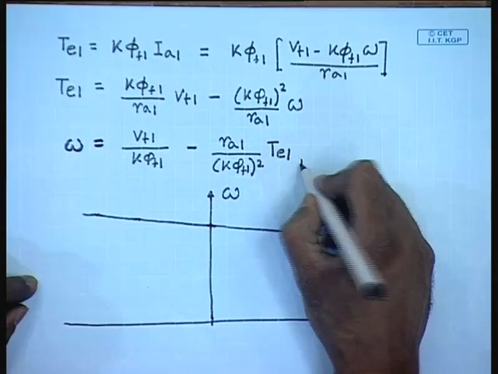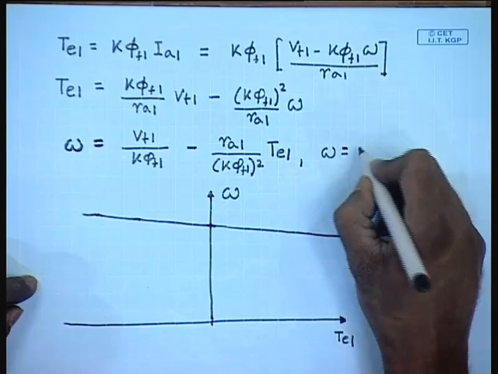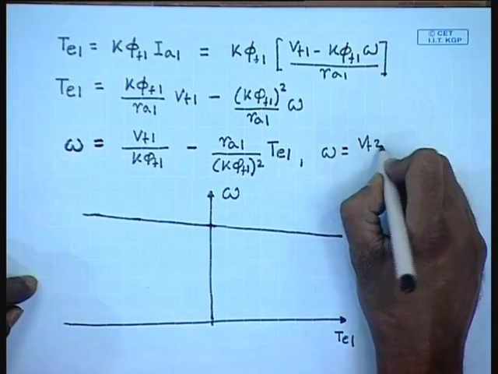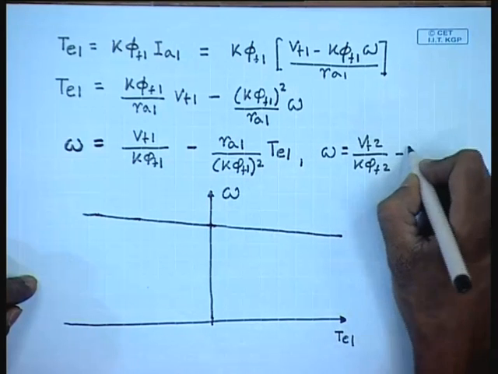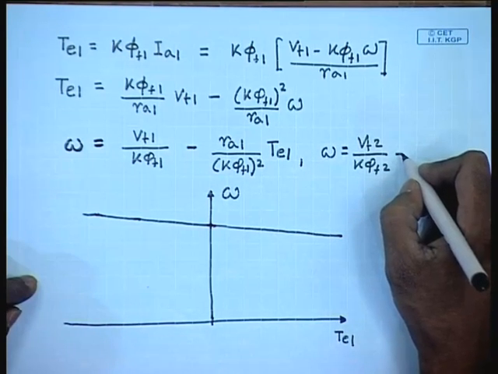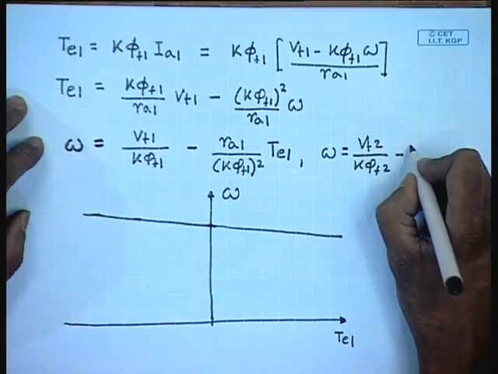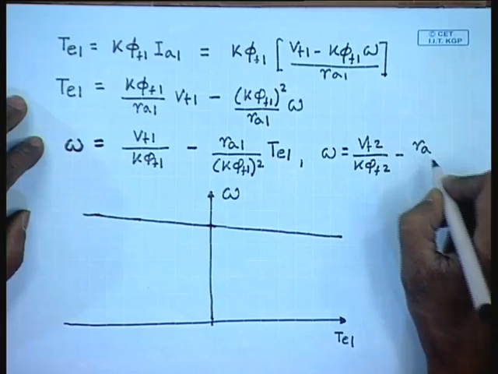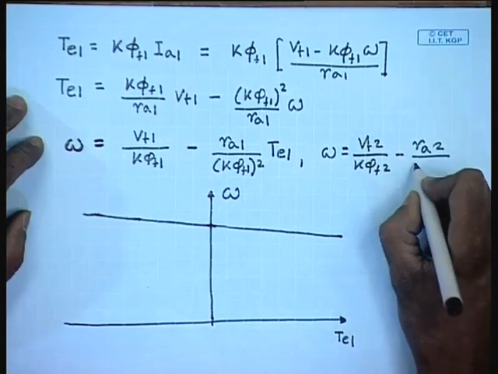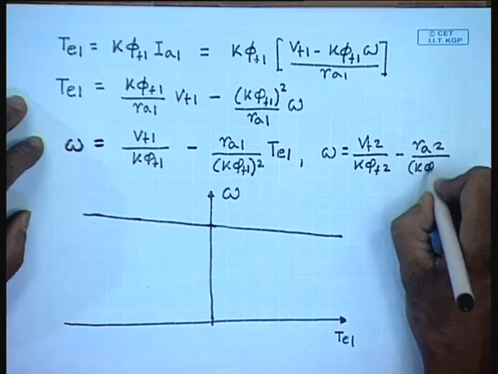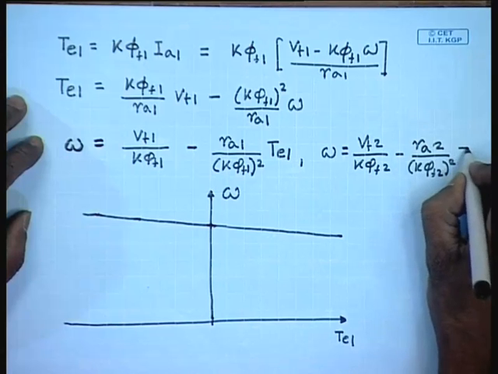Similarly, for the second machine we can write omega equal to Vt2 by K phi f2 minus Ra2 divided by K phi f2 whole square Te2.